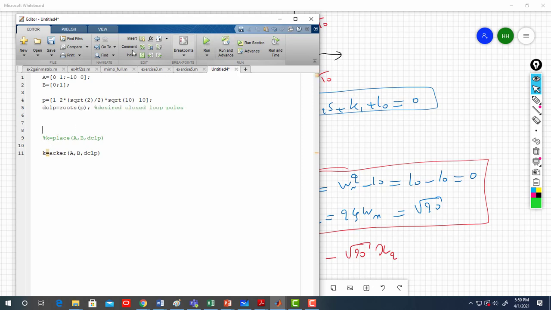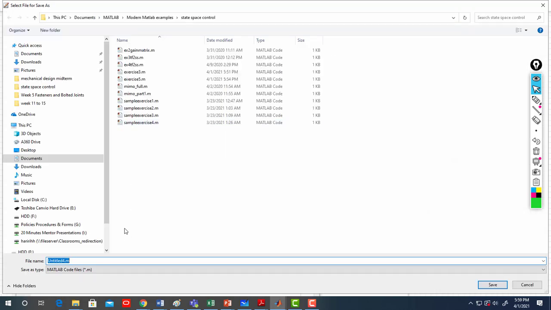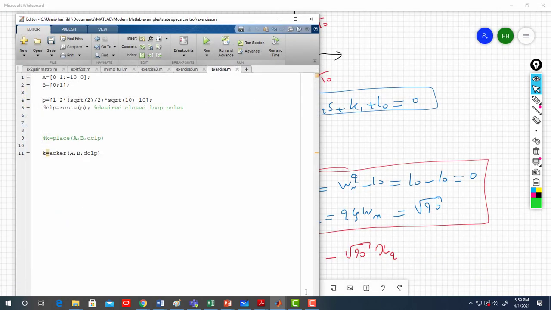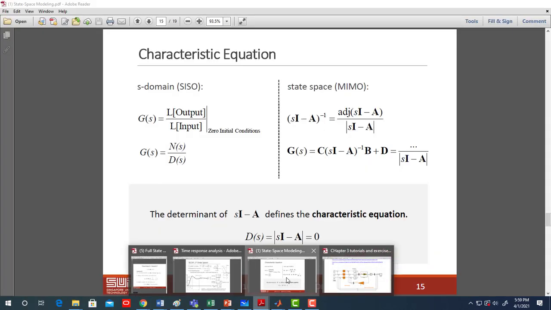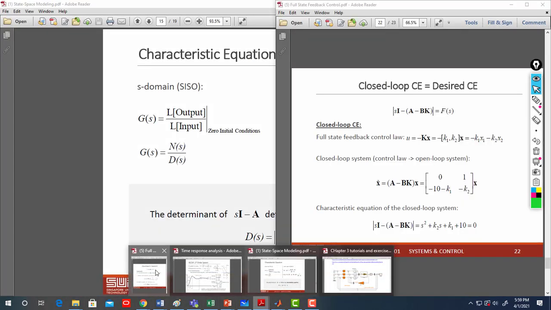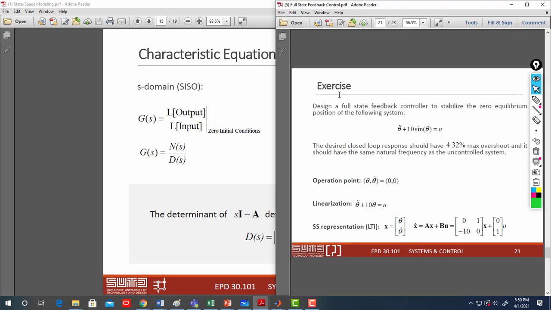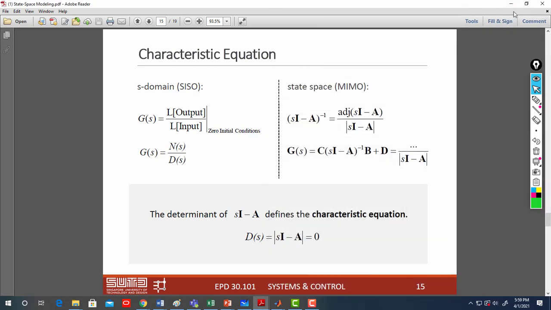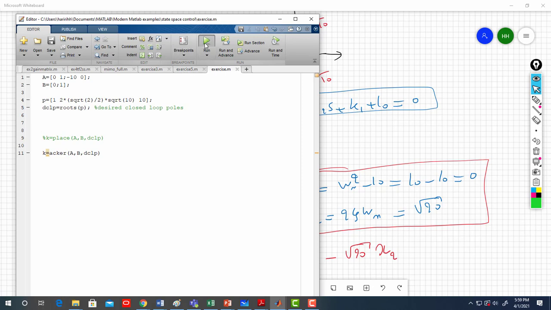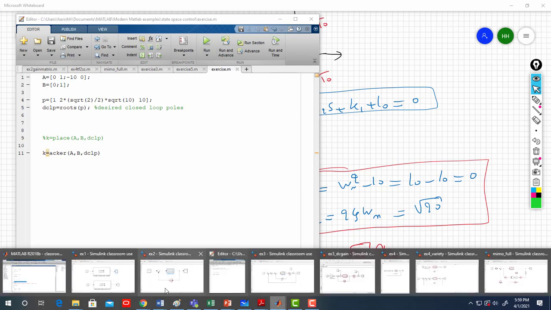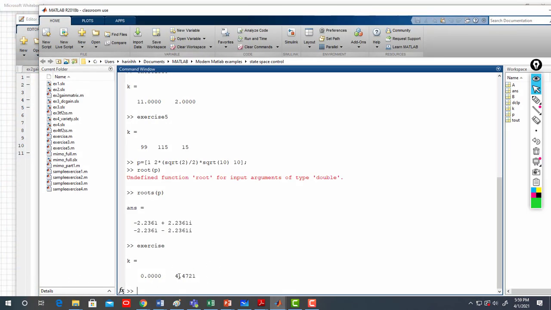Okay, and I'll call it exercise, just giving the same name as you have in here. Any name, and I run it. Then K0 and the other K 4.47, which is square root of 20, right?